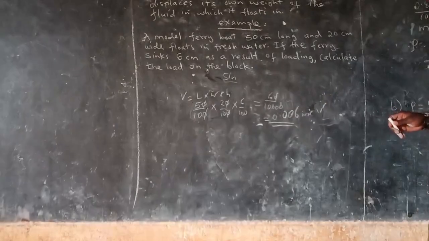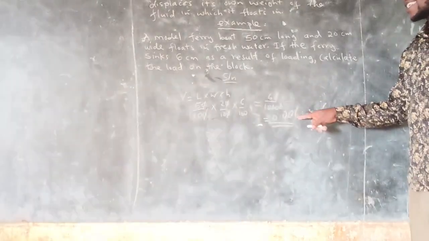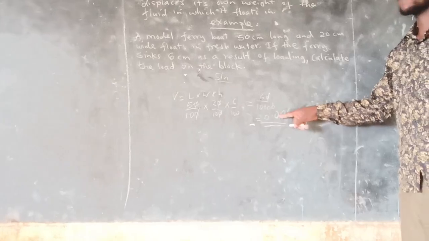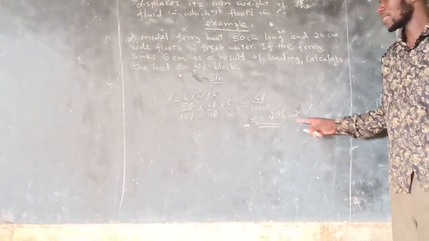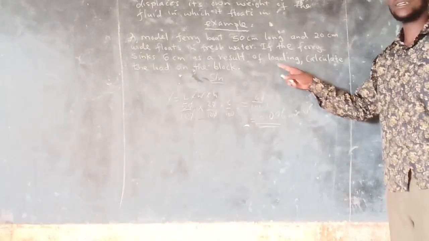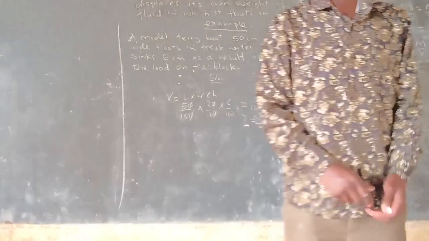Now, let us get the weight of the liquid that was displaced. Because we know the density of fresh water is 1,000 kilogram per cubic meter.